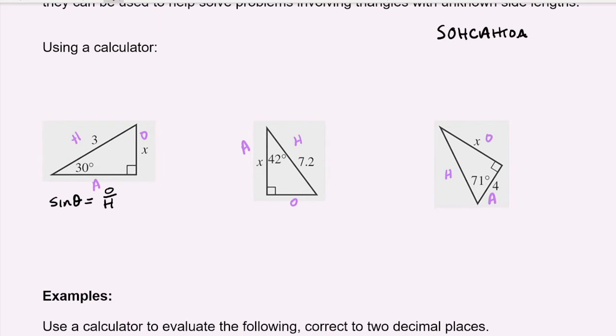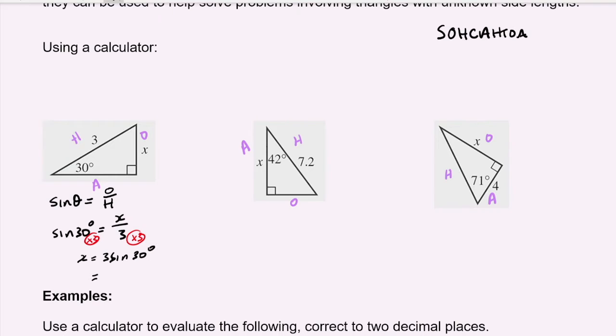I plug in what I know. Sine 30 degrees is x over 3. I use a little bit of algebra and I multiply both sides by 3, and I've really got x equals 3 sine 30 degrees.